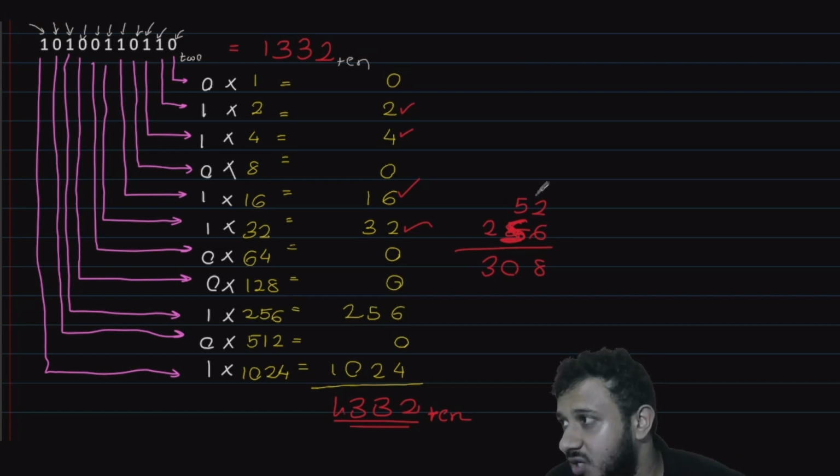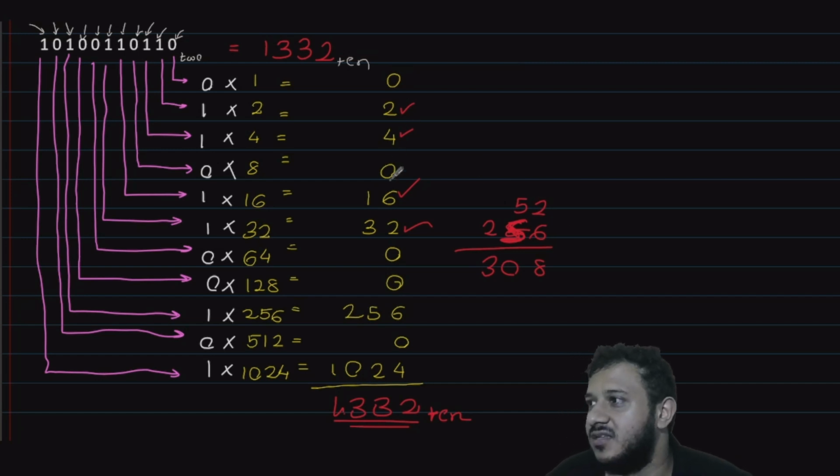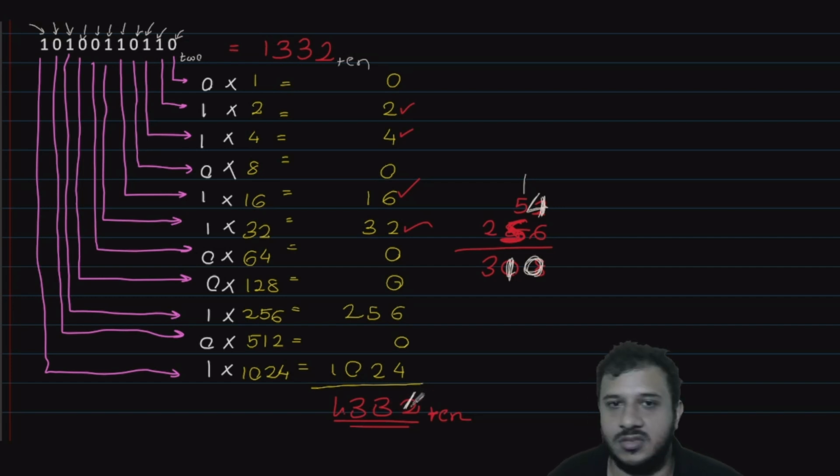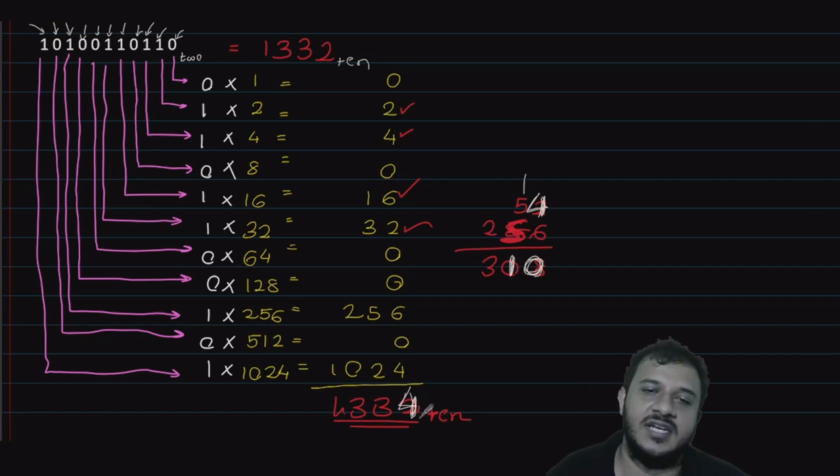Sorry, Pute. This is 22 with a 32. That's not a 52. It's a 54. So if that is a 54, this will be a how much, Pute? 310. If that is a 310, this will be a 1334.